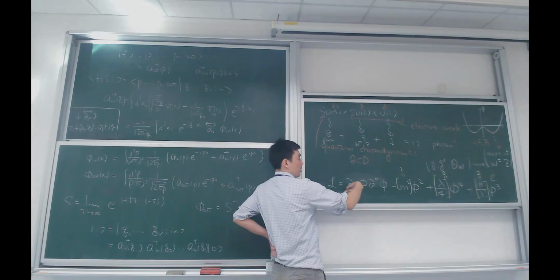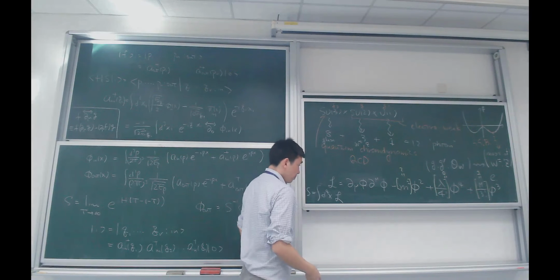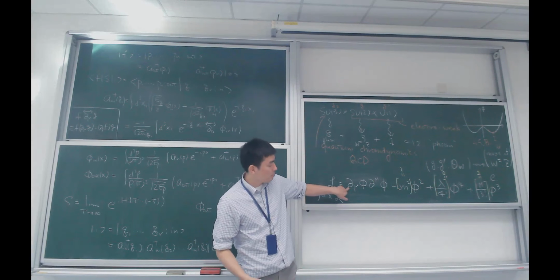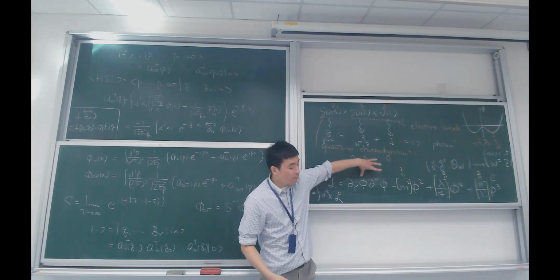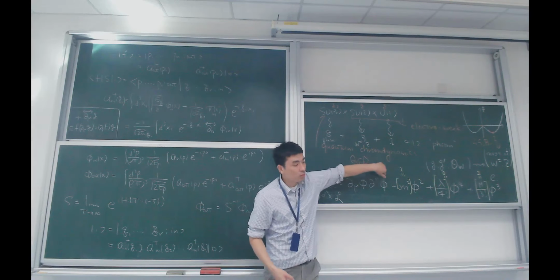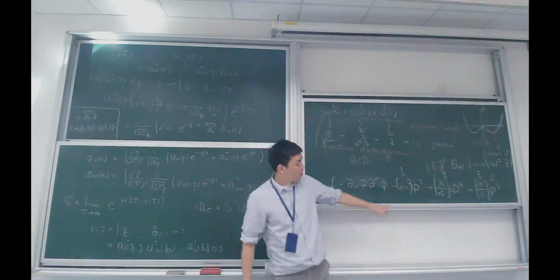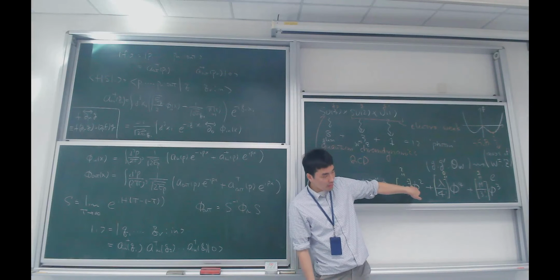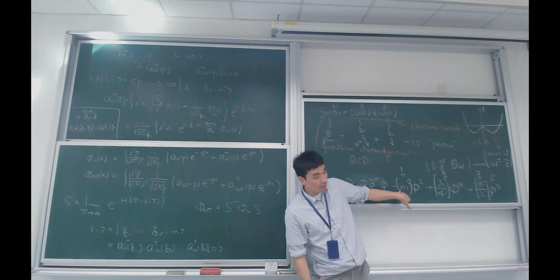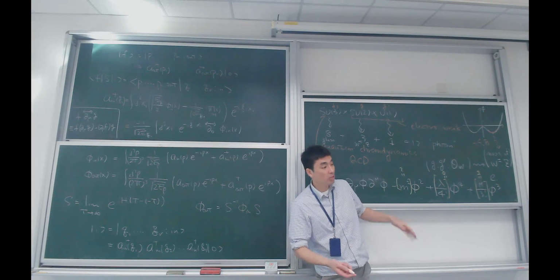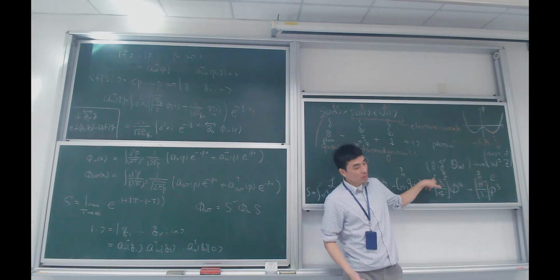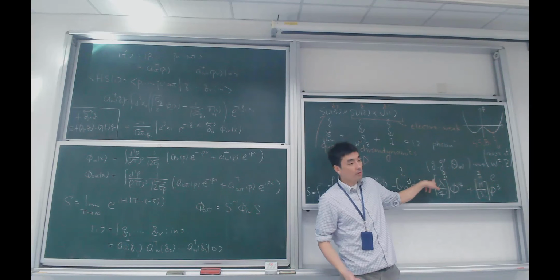This means that phi should have mass dimension 1. So 1 plus 1 plus 1 plus 1 means 4, which means that this guy has mass dimension 2. So this should have mass dimension 2. As you can easily see, m squared really gives you mass dimension 2. So here phi has mass dimension 1, and the coupling for phi to the 4 has mass dimension 0.